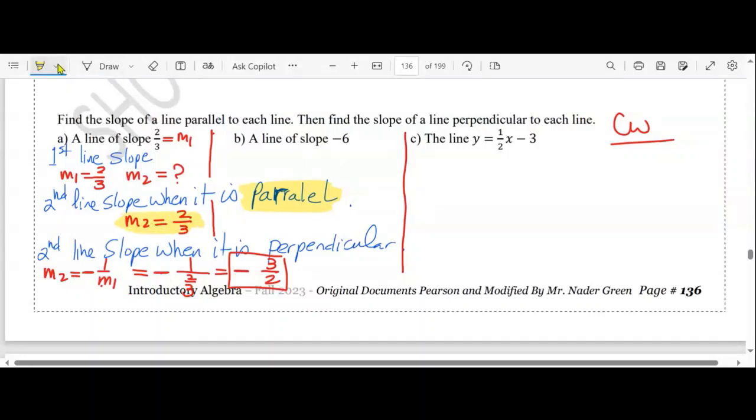And when it's perpendicular, you have to flip it, okay? And after you flip it, you put the negative sign. So when it's parallel, it's the same.